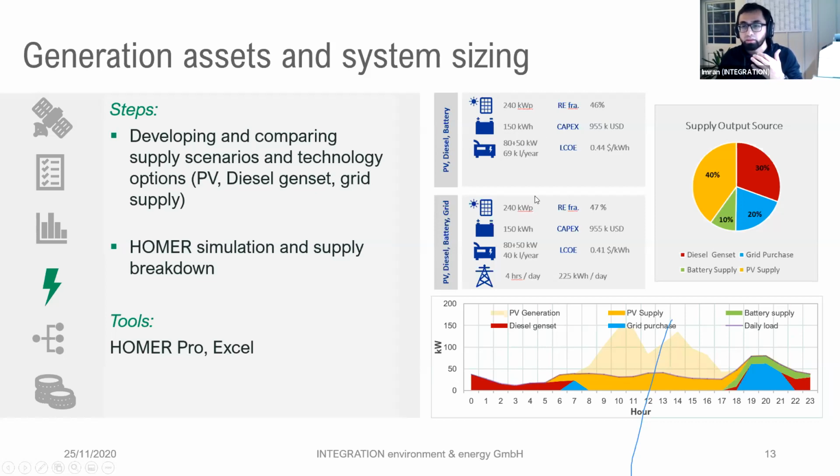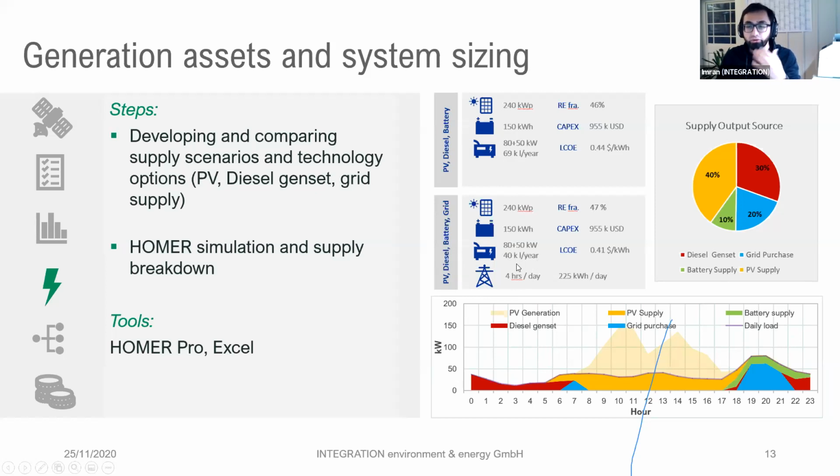However, in the same system, if we are able to integrate grid supply of 4 hours, then things change a bit. What is changing is, for example, you can see that the fuel usage is going down from 69,000 liters per year to only 40,000 liters per year. And this definitely has an impact.